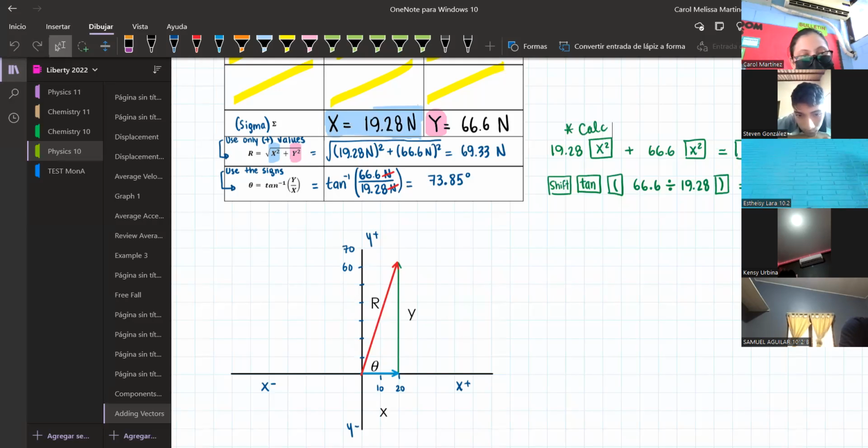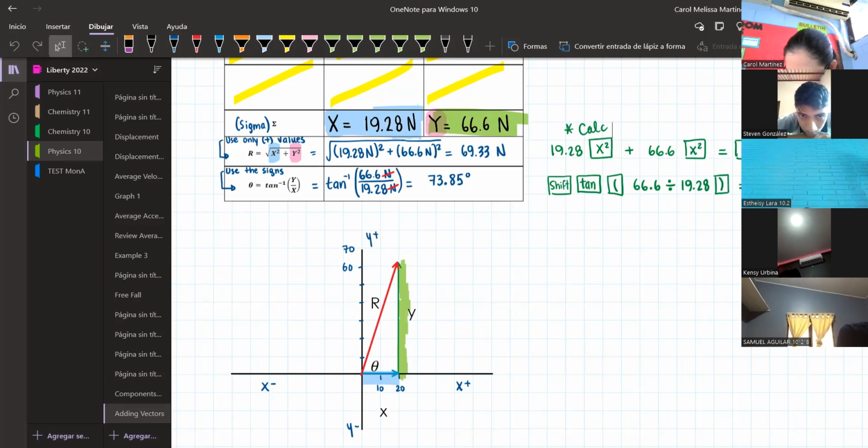Take a look in the sketch that I show you. Y is my green component. It measures 66.6, and in the picture, Y is this one, the vertical component.